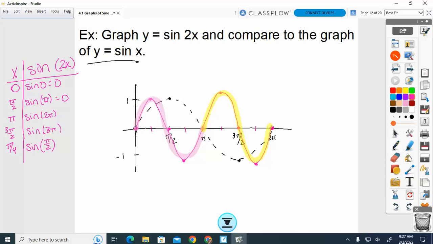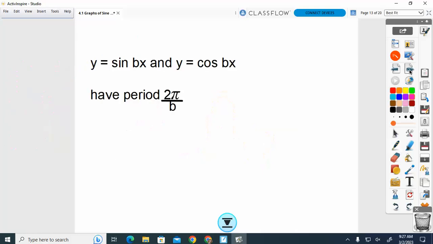So a number with the x changes it, like a horizontal stretching or shrinking in algebra. And it's the same thing here, but another way we talk about it is it adjusts the period, how long it takes until our graph repeats. So if you have a number with your x, it will change the period.